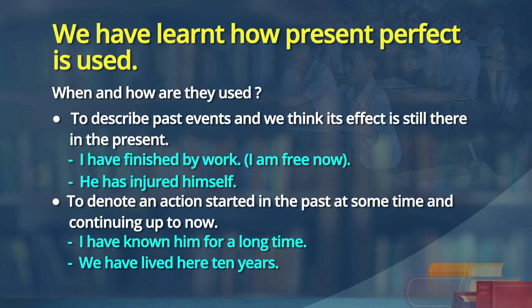We have lived here for 10 years. Fine. Now, learners, we need to first use present perfect, then come to discover how it is used and the rule. So, that is what we have done. We have used present perfect tense on many occasions, then we found that there are 4 occasions to refer to when we use present perfect.